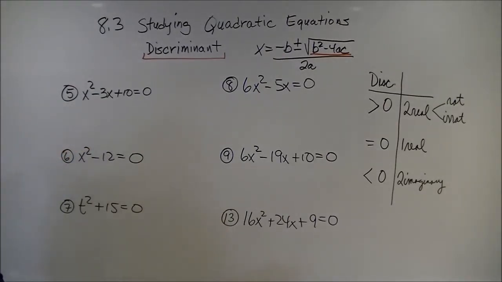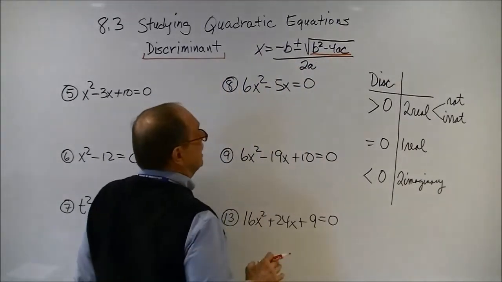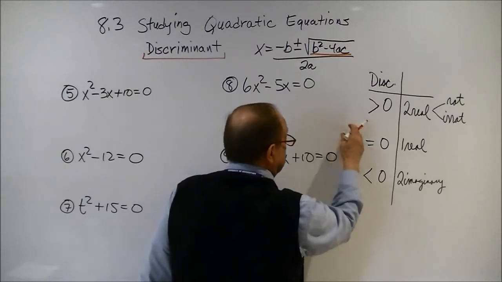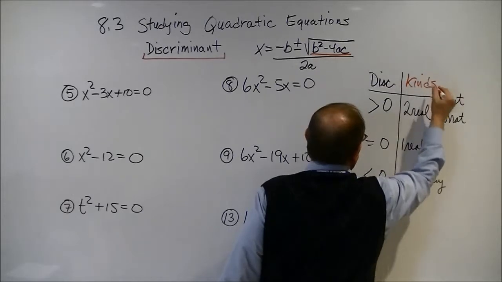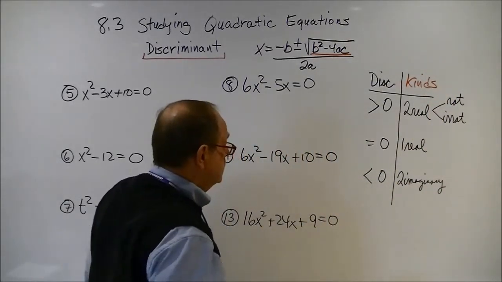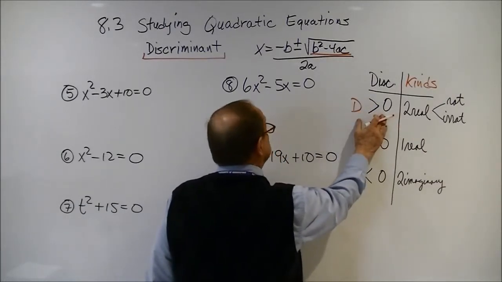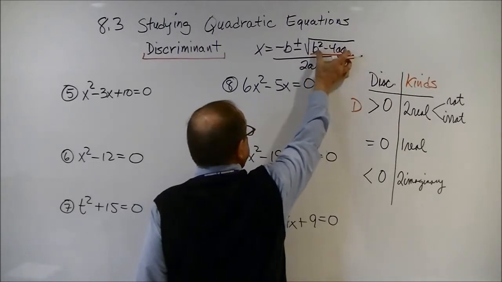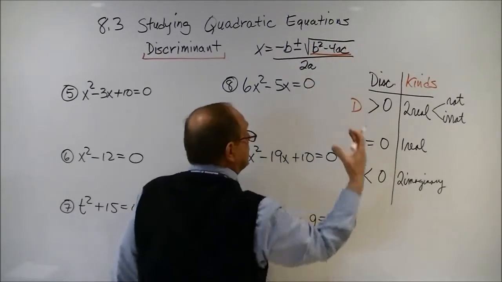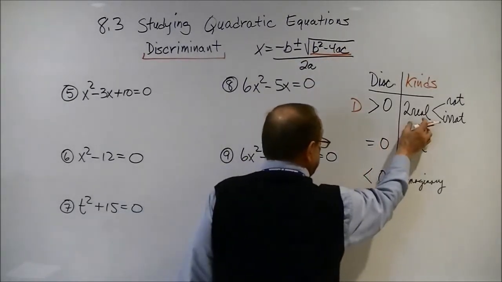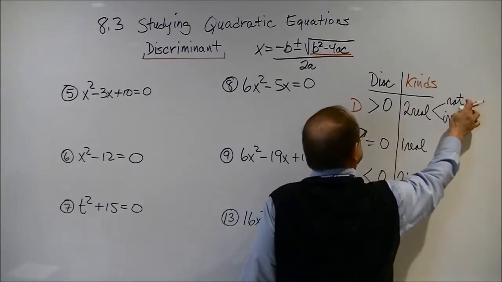And what it does, just by looking at the discriminant, it will determine the kinds of answers you're going to get. For instance, if the discriminant is greater than 0, that is, this unit in here is greater than 0, you're going to have plus or minus 2 answers that are going to be real, and it could be rational.